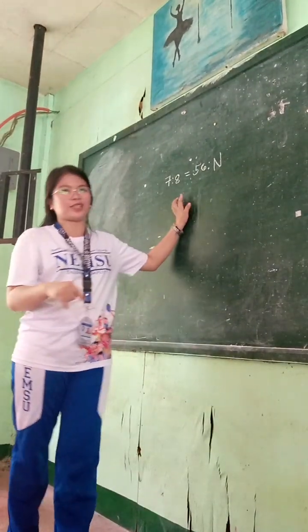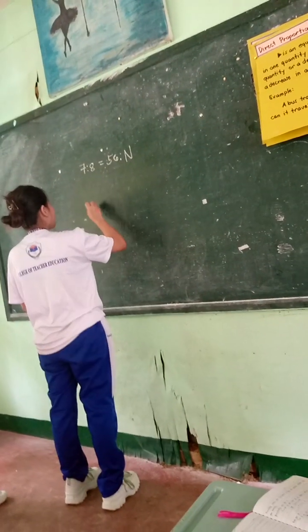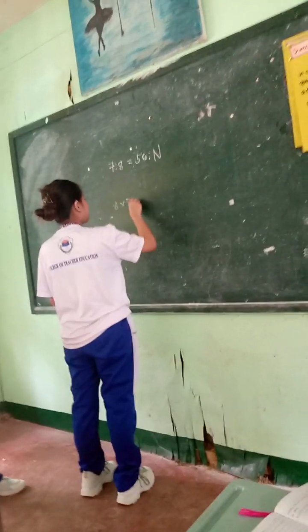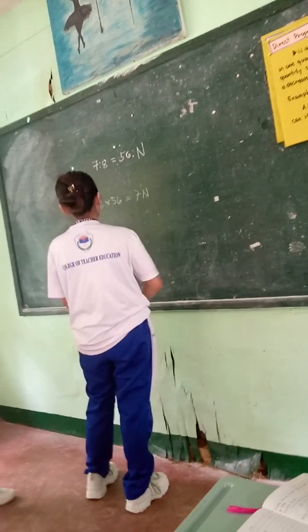Answer this equation. First, we are going to multiply the means: 7 times n.